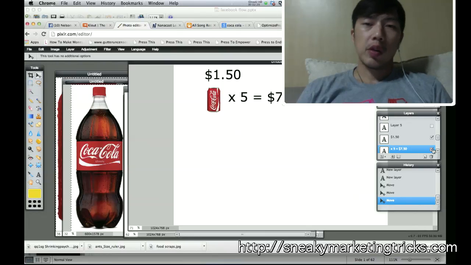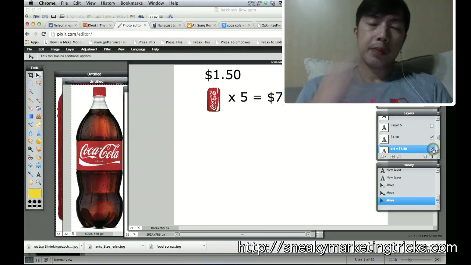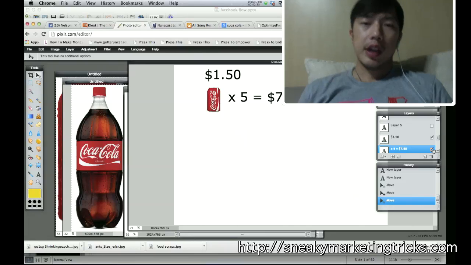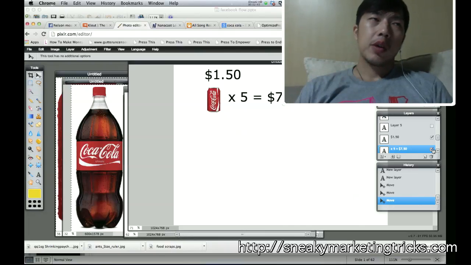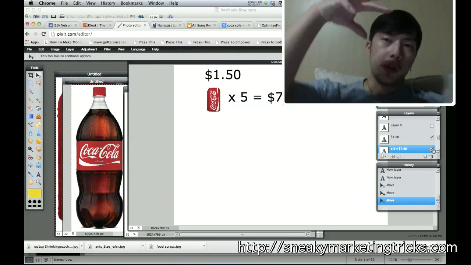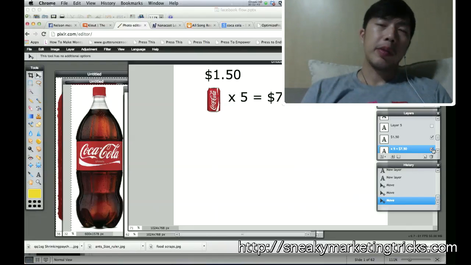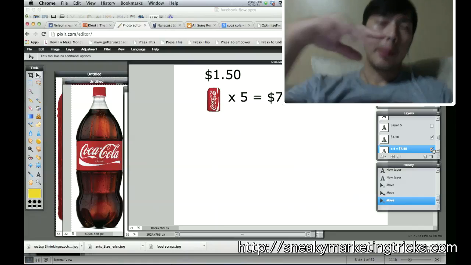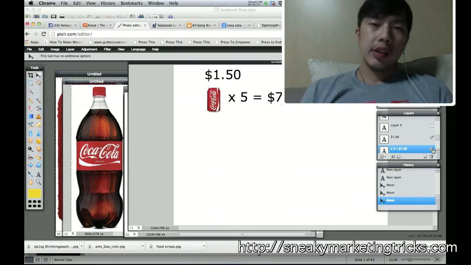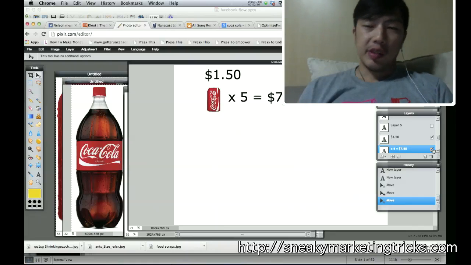Let's say we have 5 people in that party, and the cost of 5 people drinking a can of Coke is 750. Now if we buy in terms of economy, every can of Coke is about 300 ml, or 0.3 liter, and a big bottle is 1.5 liter. We get the same amount of Coke buying a big bottle as 5 cans of the small one.